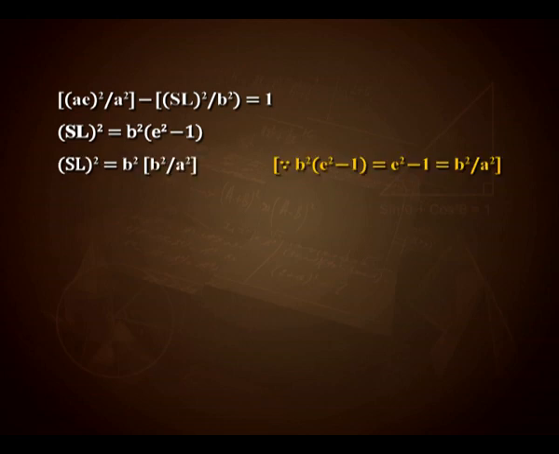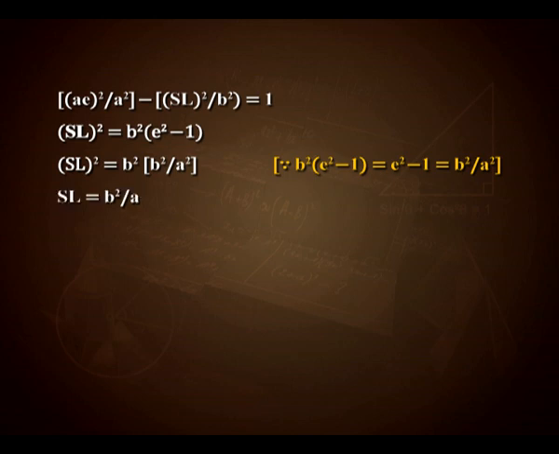a e whole square upon a square minus S L square upon b square is equal to 1, which can be simplified as S L whole square is equal to b square into e square minus 1, which can be expressed as S L whole square is equal to b square into b square upon a square, since e square minus 1 is equal to b square upon a square.